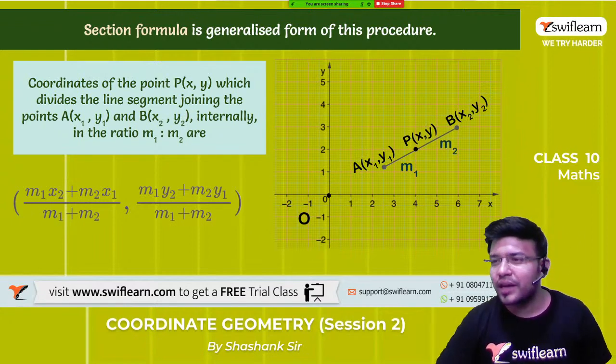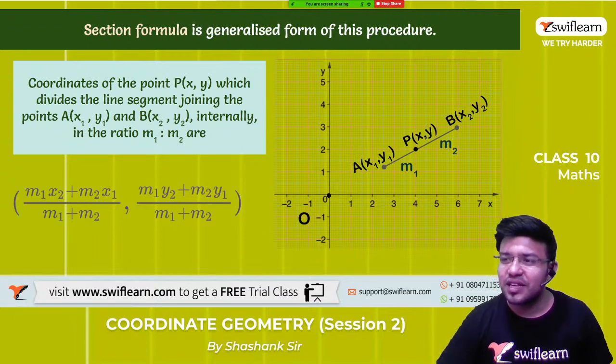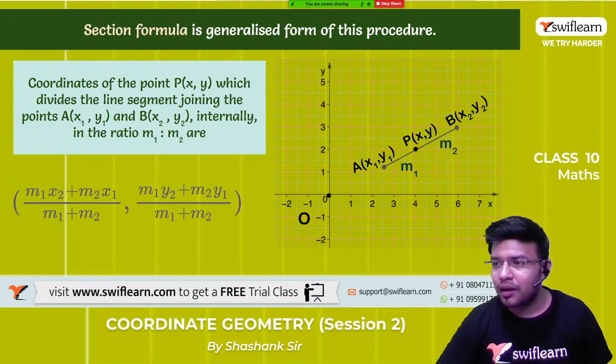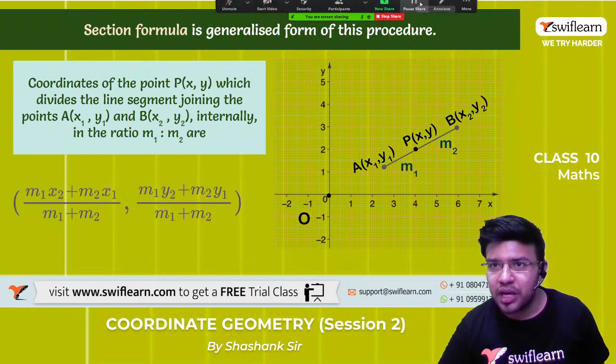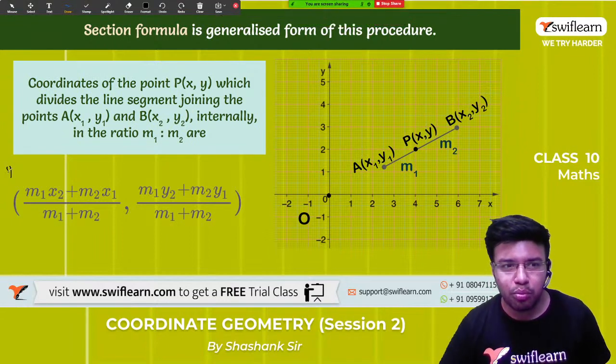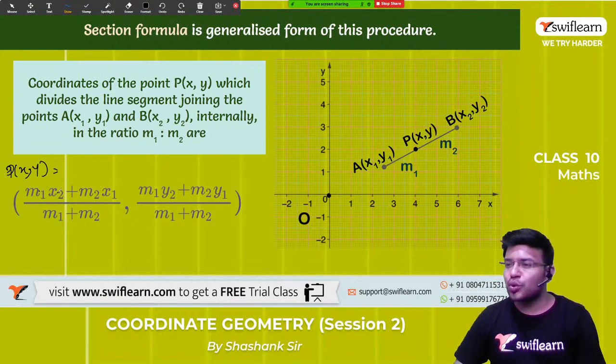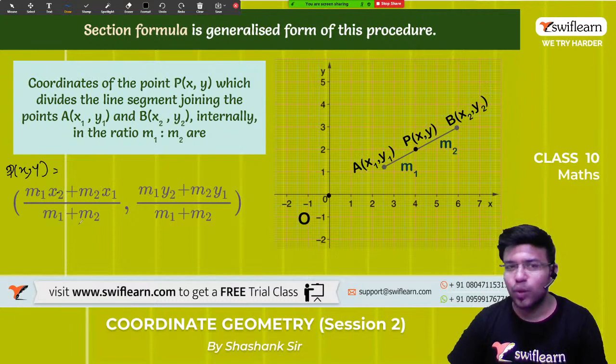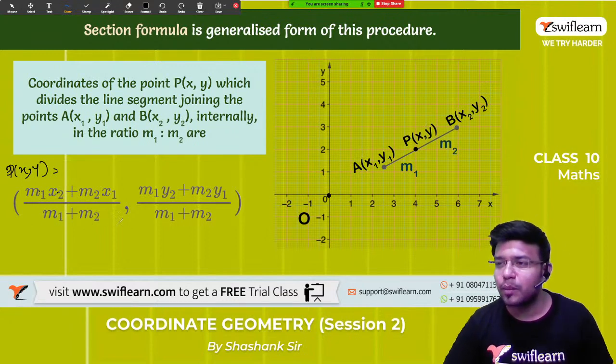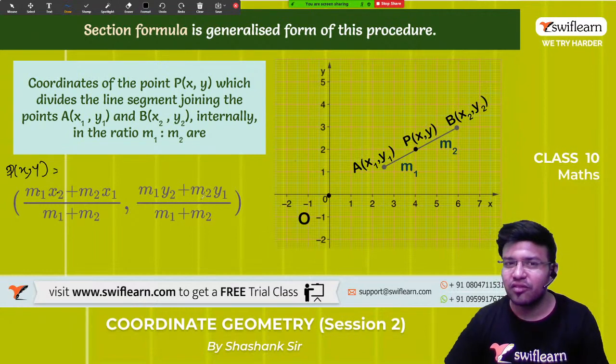So the coordinates of point P(x, y) are given by this formula. P(x, y) is equal to (m1 x2 plus m2 x1) divided by (m1 plus m2), comma, the y coordinate of the point P is given by (m1 y2 plus m2 y1) divided by (m1 plus m2).